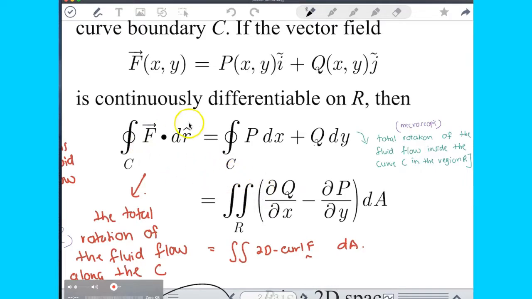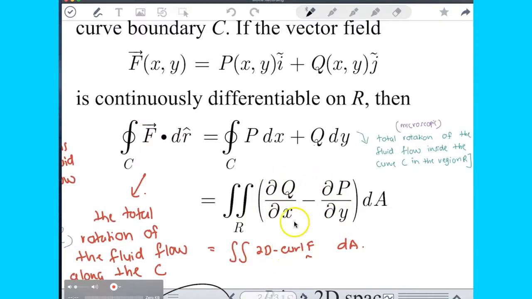The line integral, which is a single integration, has the same value as the double integral of Qx minus Py.